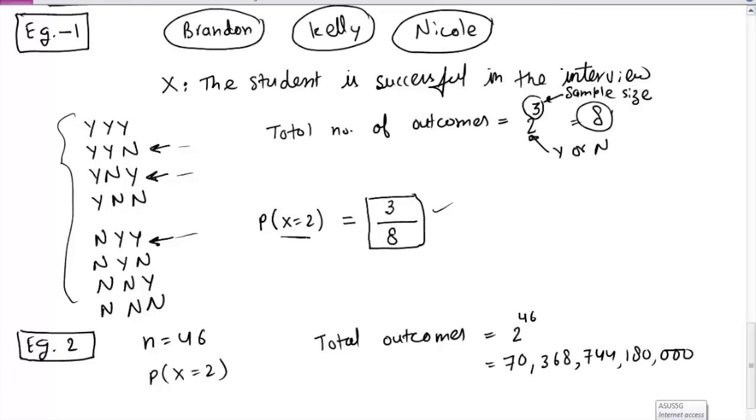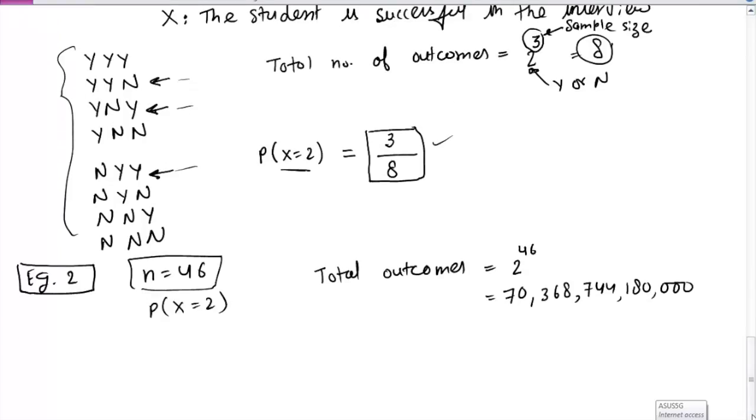It's not feasible to list all of them because it would be very time consuming, confusing, and unnecessary. So this method of listing everything, although very easy to understand, becomes impractical when n becomes higher. That's where the binomial distribution formula comes in handy. Instead of working harder, we can work smarter using binomial distribution.